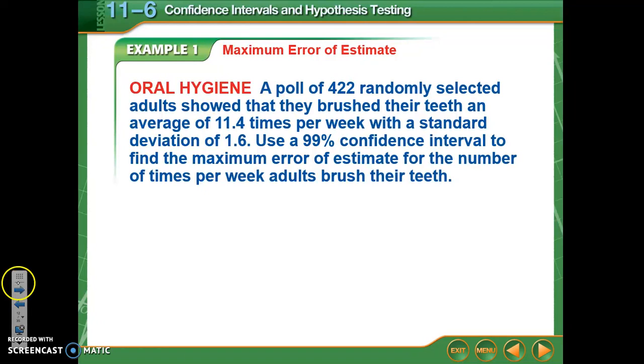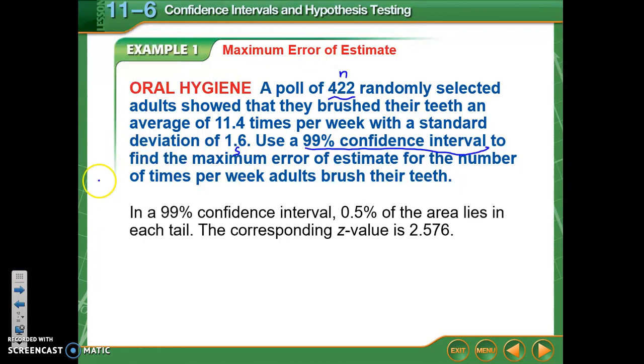So let's take a look at this example. A poll of 422, that's my sample size, randomly selected adults showed that they brushed their teeth an average of 11.4 times per week with a standard deviation, S, of 1.6. We're going to use a 99% confidence interval, so that's going to be the third one that you saw in the picture, to find the maximum error of estimate for the number of times per week adults brush their teeth.